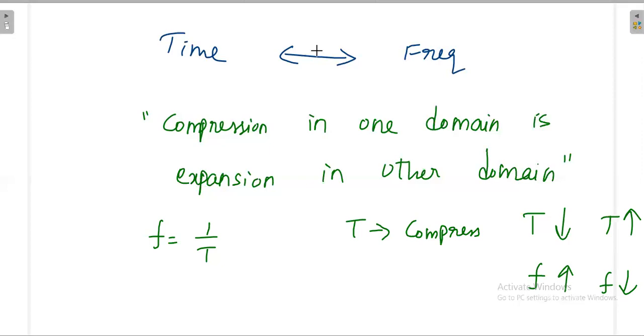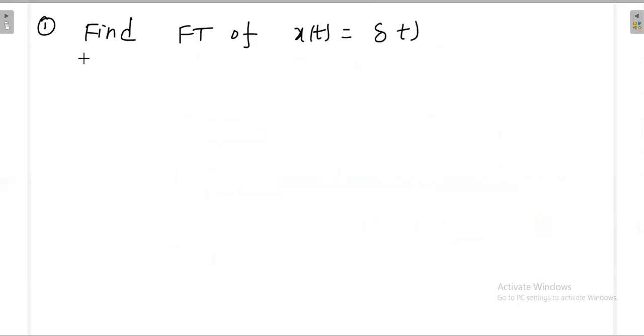First we'll find the Fourier transform of the basic impulse signal. Find the Fourier transform of the signal x of t equal to delta t. It is a basic signal, the impulse signal.